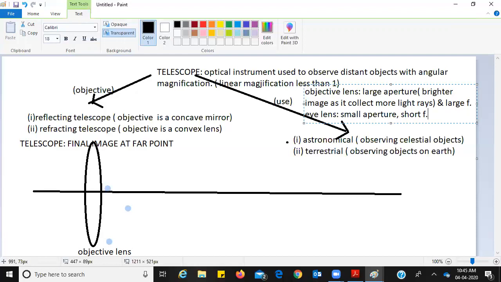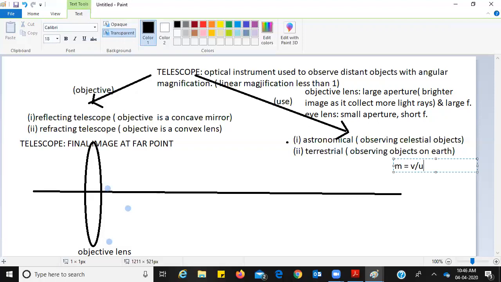So are we using large focal length for the objective because it forms a small image for the eye lens? I'm trying a different way. What's the magnification for a lens normally? M equals V by U, right? Can you change U when you observe the moon?